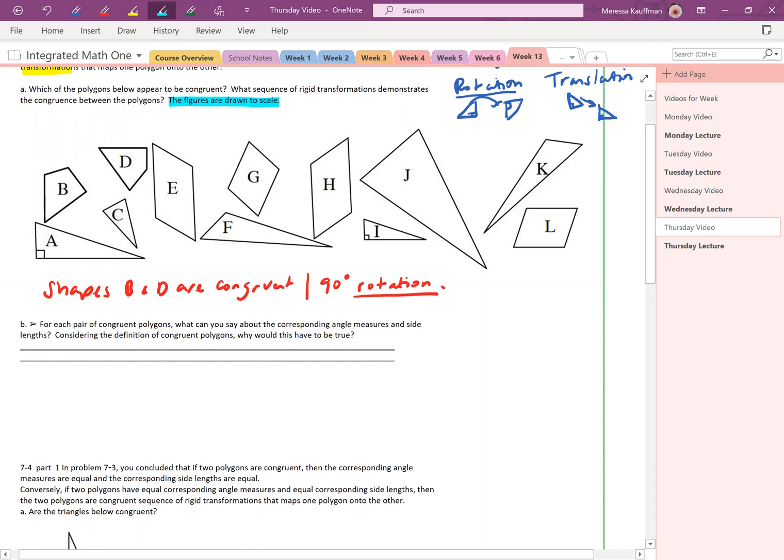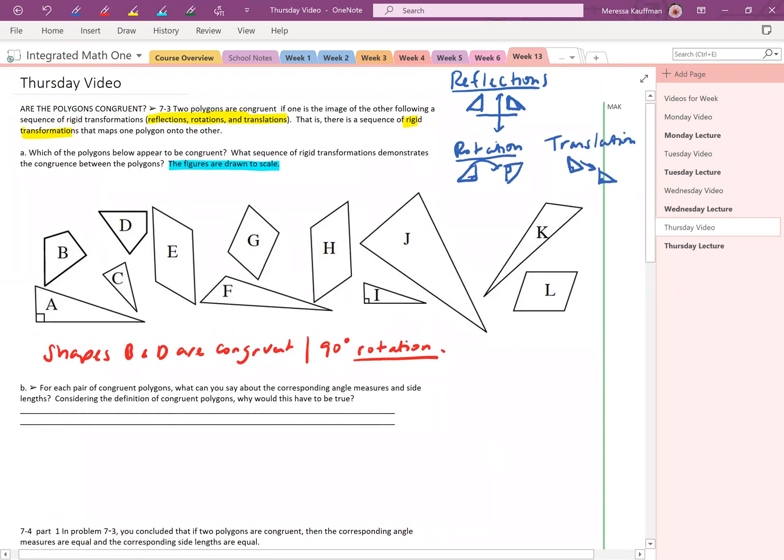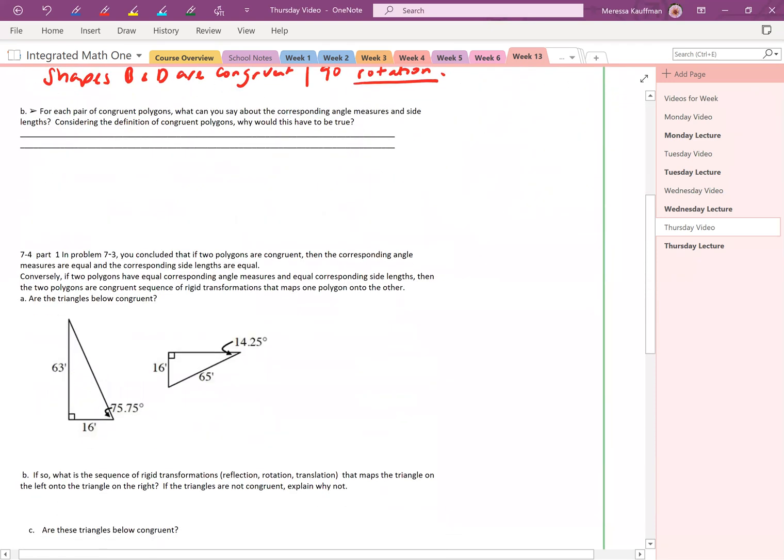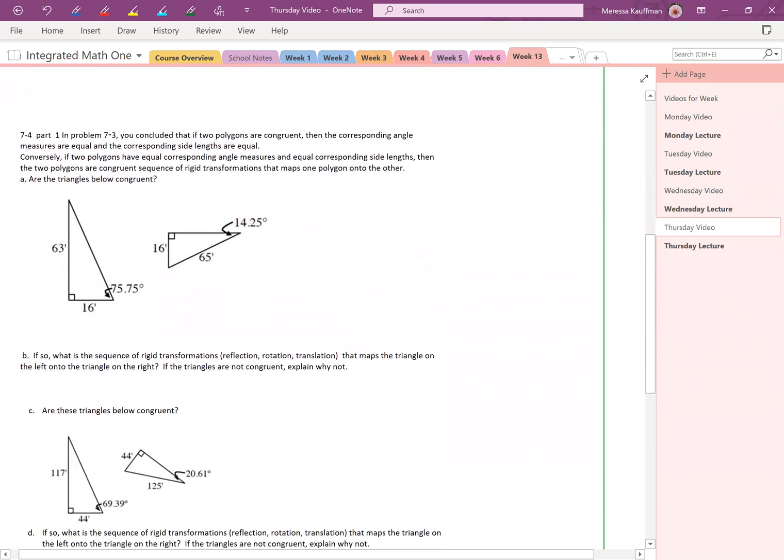And again, you need to consider the definition of a rigid transformation. Because I rotated this around, I didn't change its size, I didn't change its shape, I just rotated it about 90 degrees. So think about that when you are answering that question.